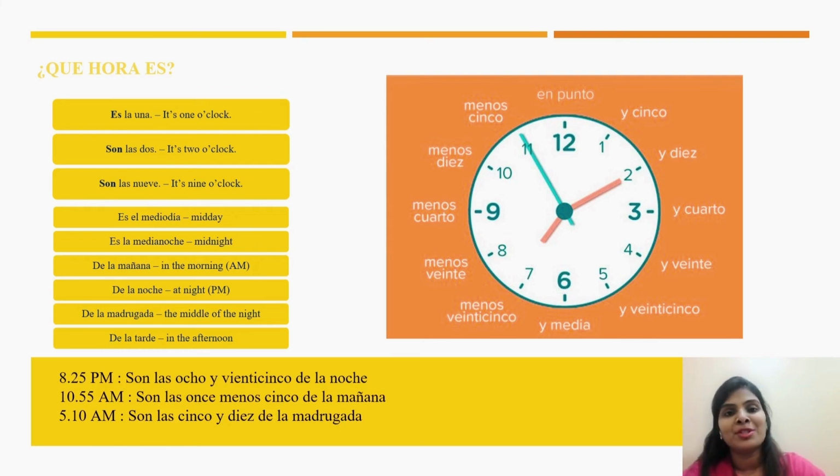So as I've already mentioned, I will just give a brief that from 1 to 30, you will always use y and write your minutes, and from 31 to 59, in this pattern, you will always do a menos, that is minus.